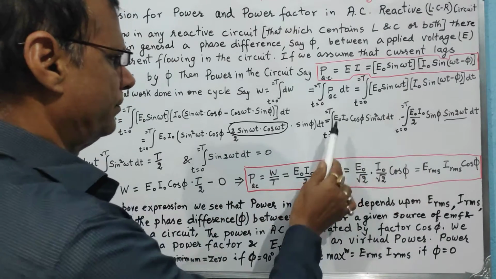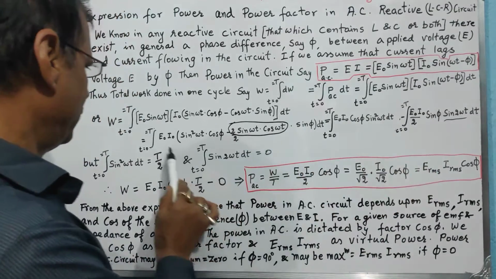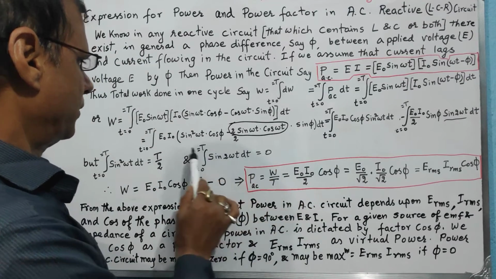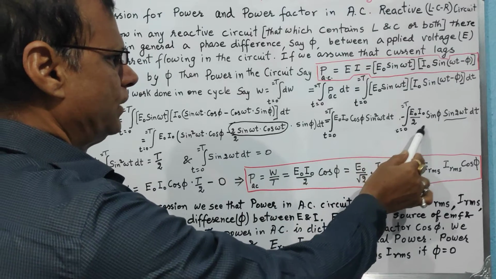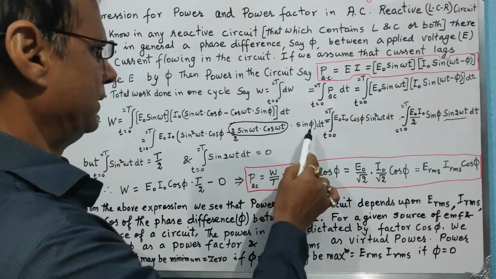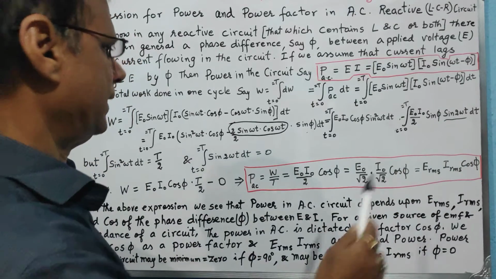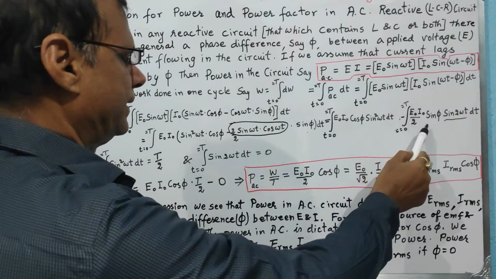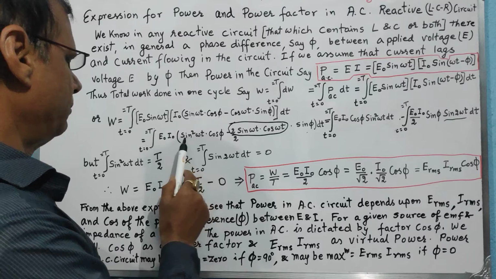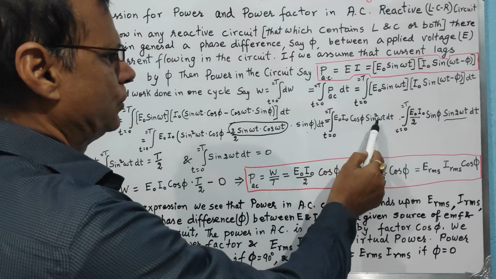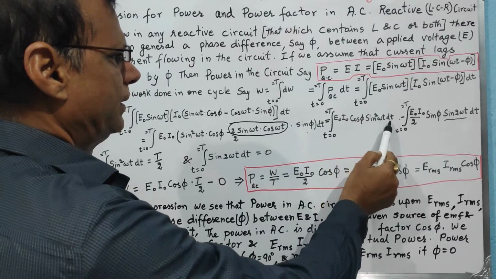So for this term we have E0 by 2, E0 I0 is common for both these terms. So we have E0 I0 by 2 into sin phi, and for this factor we have written sin 2 omega t dt, and the half factor is there. And for the first term you already have sin square omega t into cos phi into dt.